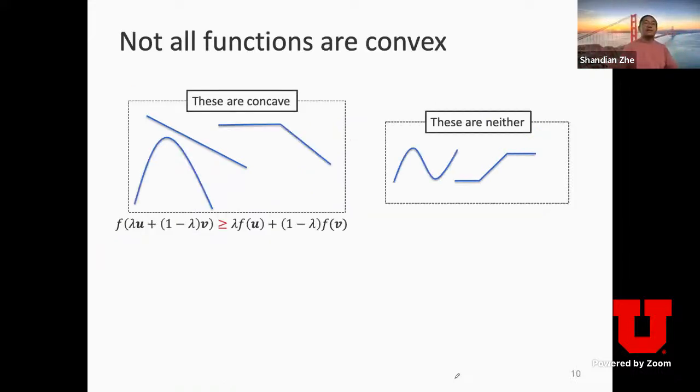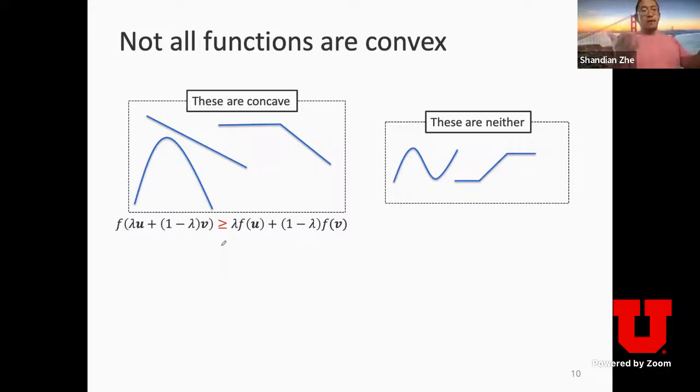I want to emphasize that convex functions are just a very, very tiny portion of the entire family of functions. For example, if in the definition of convexity you just reverse the inequality, those types of functions are called concave functions.